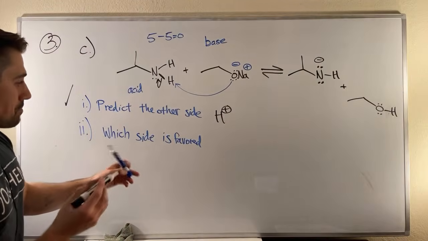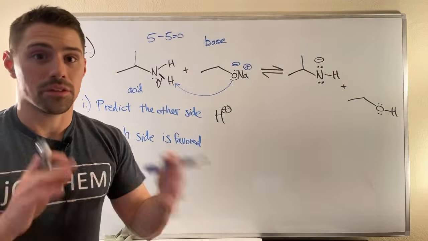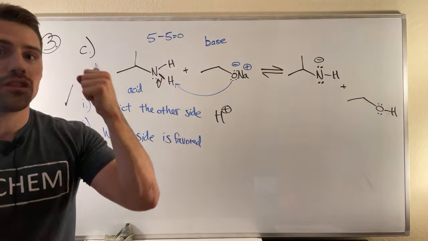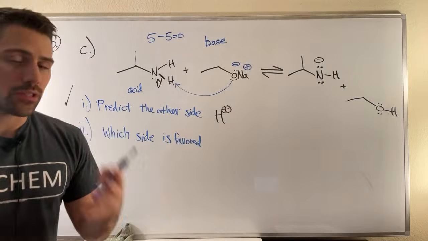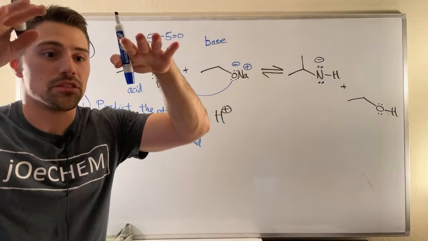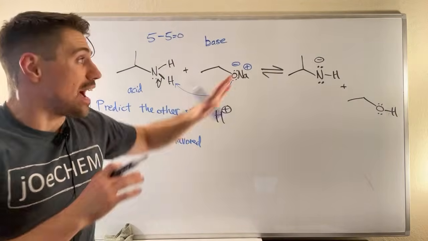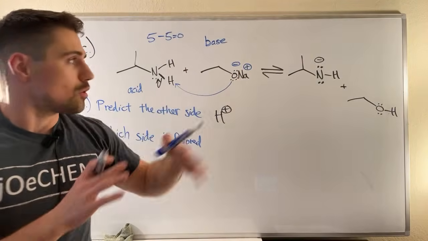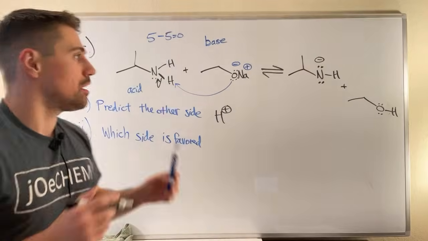Now remember, if you've ever heard this, acid-base equilibria, the different equilibriums, they drive to the weak. Why do they drive to the weak? Well, nature likes stability, right? Nature's always trying to find its way to give off energy, to go to a lower energy state. In terms of acid-base world, that means nature always wants to go to the more stable side, aka the weaker side.